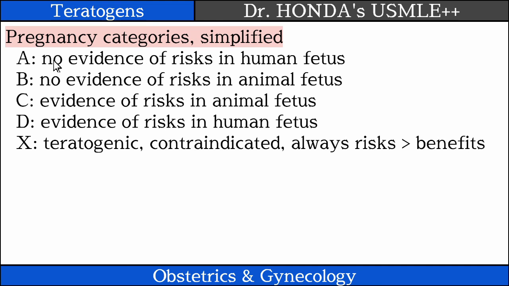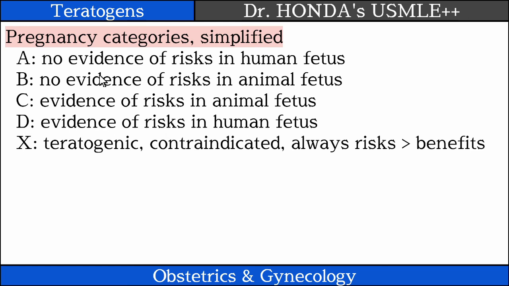So pregnancy category A, no evidence of risks in a human fetus. Category B, no evidence of risks in an animal fetus, but they don't know about the human fetus. Category C, there's evidence of risks in an animal fetus. And category D, evidence of risks in a human fetus.